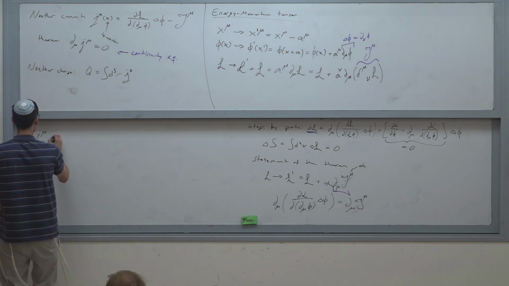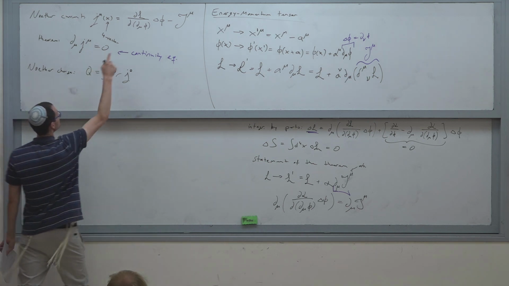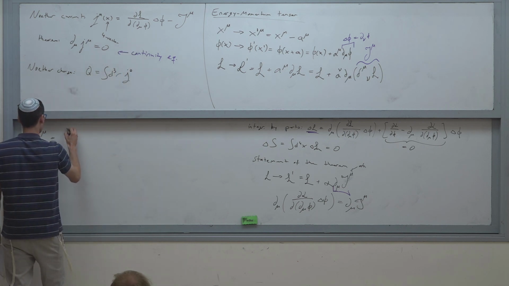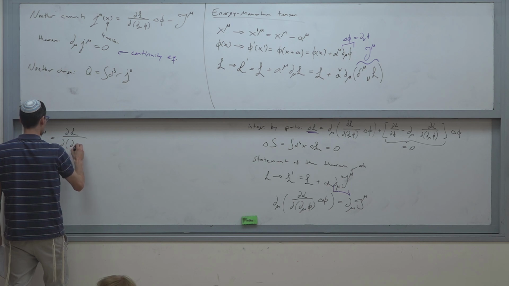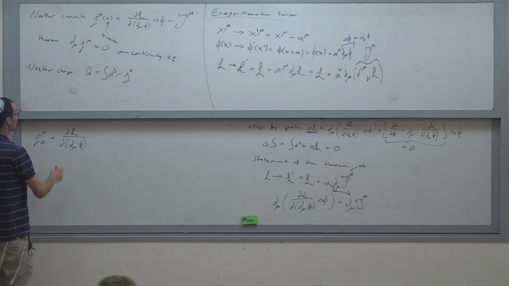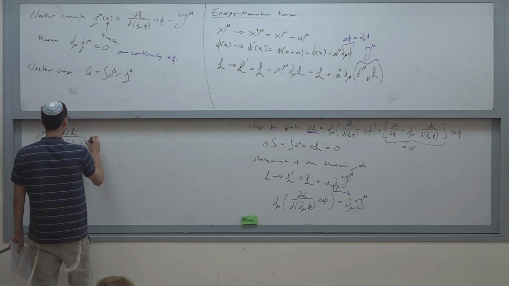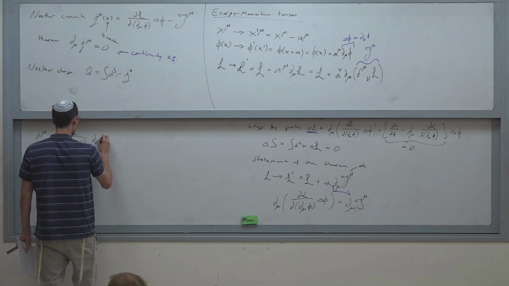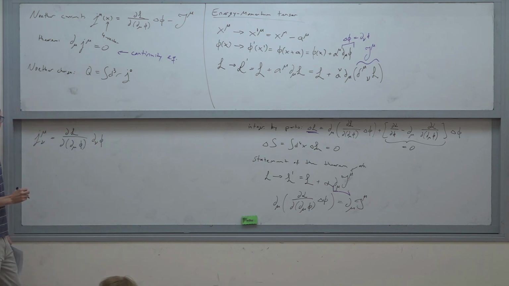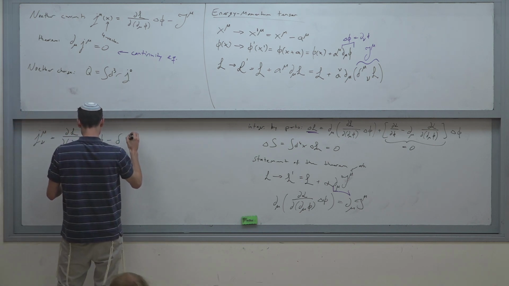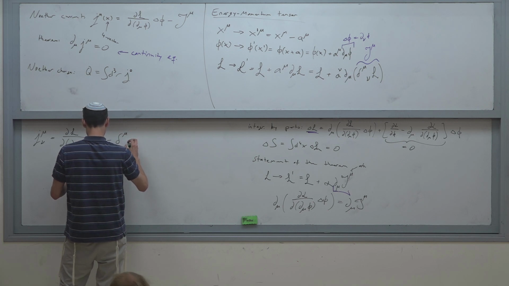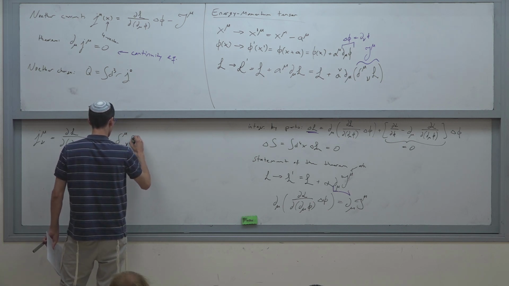So this is going to be equal to, Noether's theorem, the derivative of L with respect to the derivative of the field times delta phi, which is d_nu phi, and minus J^mu, which is this delta function, so it's minus delta^mu_nu times the Lagrangian.